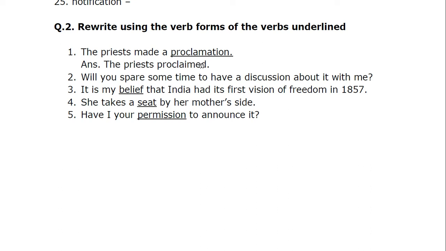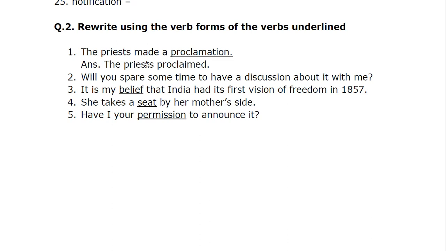Not proclaimed. Proclaims. Clear? So you will change this word according to the tense of the sentence. Now here this was past tense because this is made. That's why it becomes proclaimed.